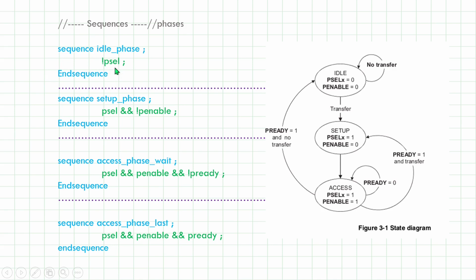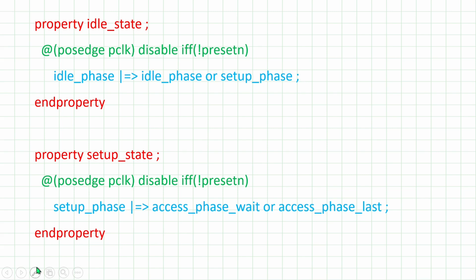In that we have created the logic of changing our state: idle phase, setup phase, access phase, and so on. Now we have created this sequence. We will write it inside our property block.